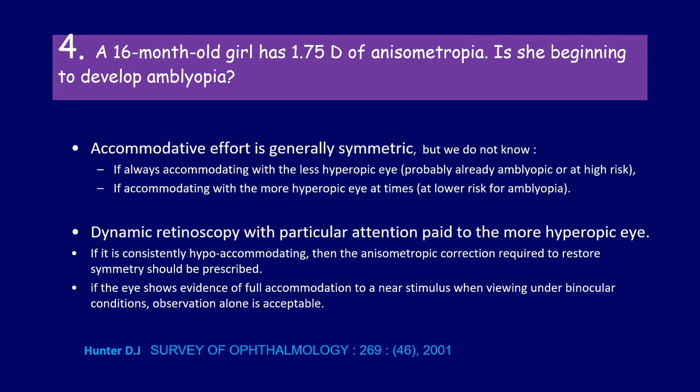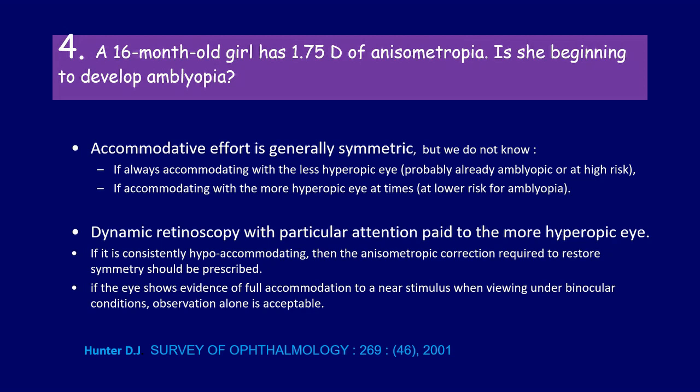Let's give you two examples of the use of this dynamic retinoscopy. In this first example, a 16-month-old girl has 1.75 diopters of anisometropia. Is she beginning to develop amblyopia?